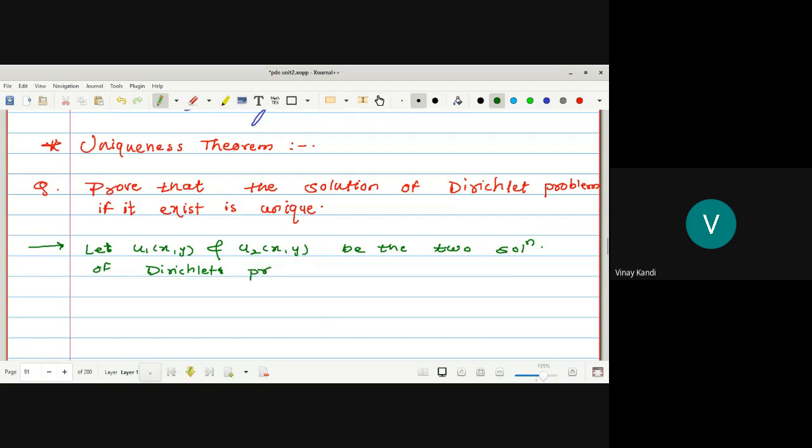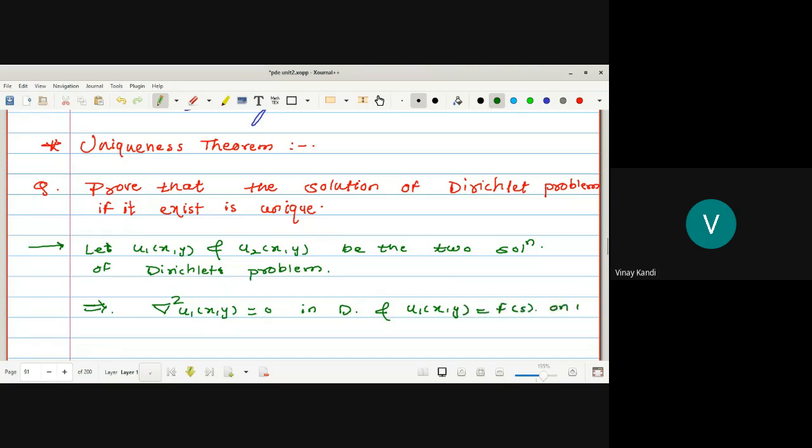If these are solutions of the Dirichlet problem, then they satisfy the Laplace equation, that is del square u1 of xy is equal to 0 in the region D, and u1 of xy is equal to f of s on the boundary.